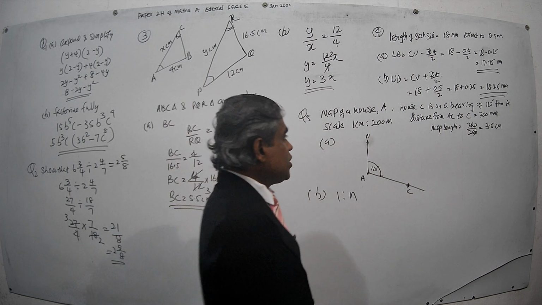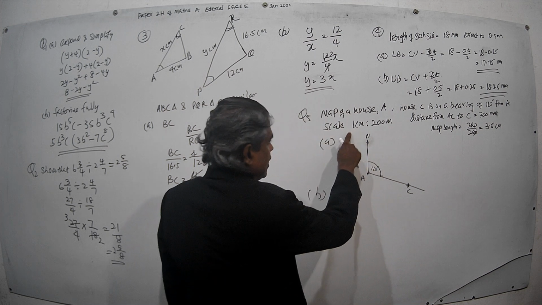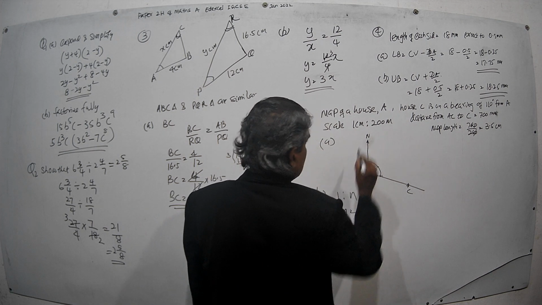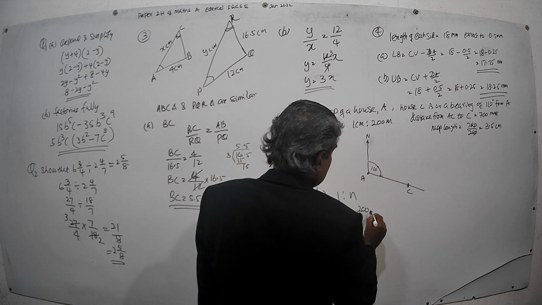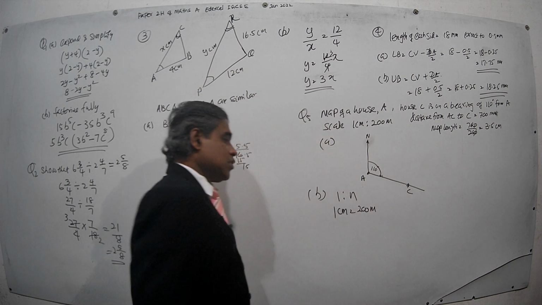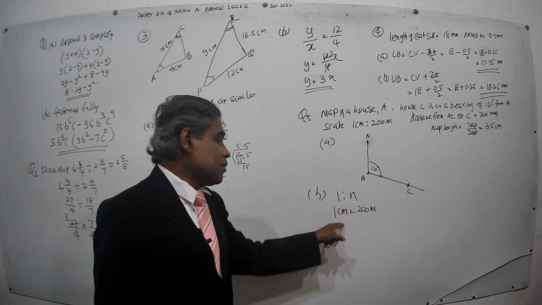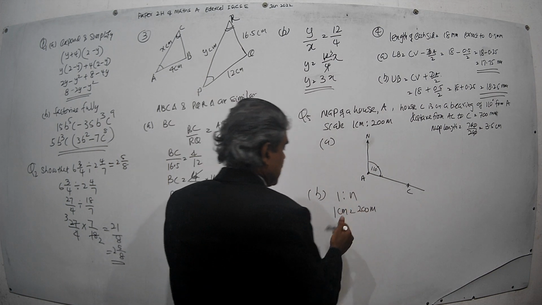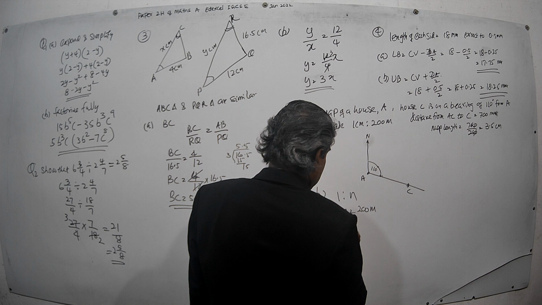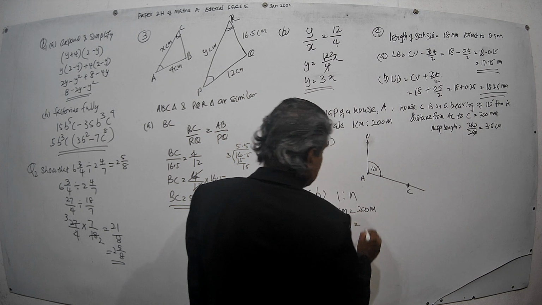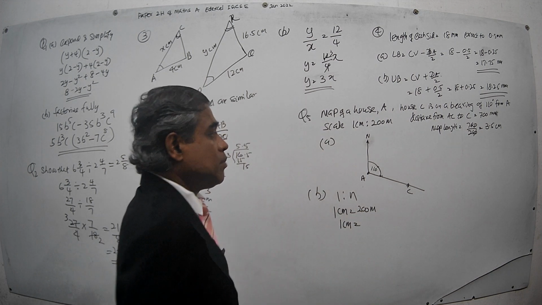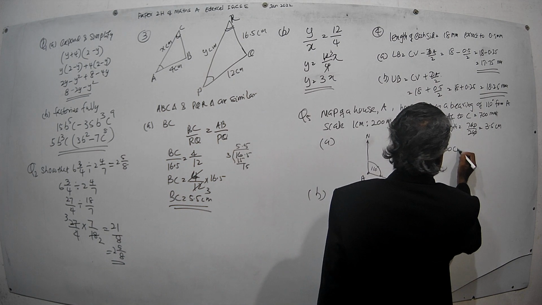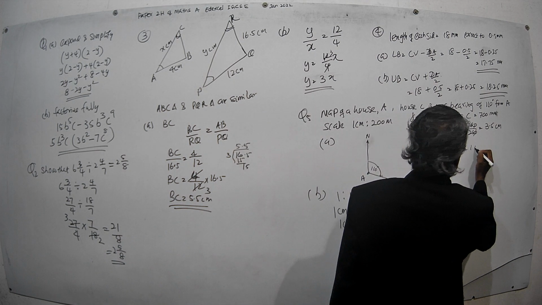First of all, the scale on the map side: 1 centimeter equals 200 meters. Now you convert these meters into centimeters, because otherwise you can't write it in this form. There are 100 centimeters in 1 meter.